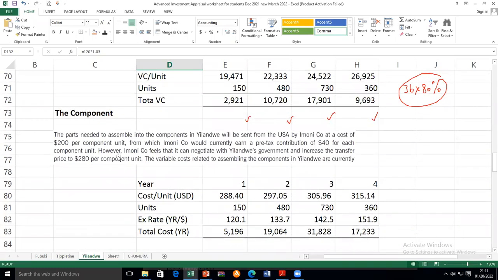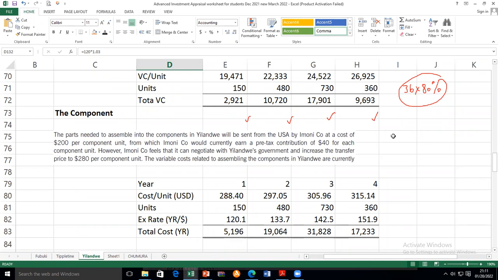So the story started from here. The parts needed to assemble into the components in Y will be sent from USA by the company at a cost of 200, from which the company currently earns a contribution of 40. However, the company feels that it can negotiate with the government and increase the transfer price to 280.